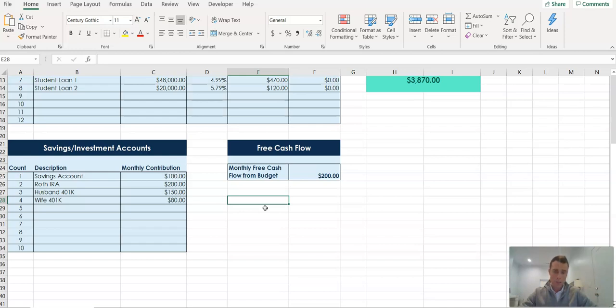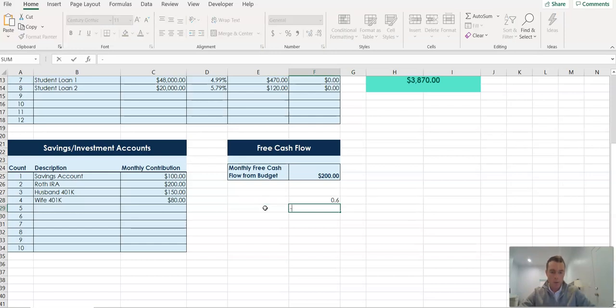Let's say you put your money into a stock market based account, and over a 2-year period you gain 60% in year one. I'm going to enter this data here, and then in year 2, you lose 40%. That'd be a negative 0.4. Let me change these to percentages to make this a little more clear.